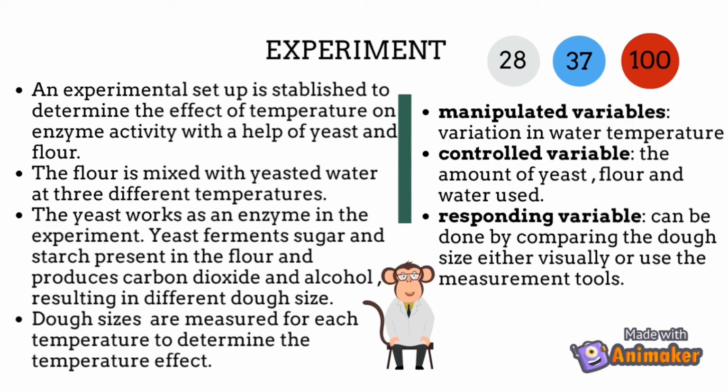The manipulated variable in this experiment is the variation in temperature. The control variables are the amount of water, flour, and yeast used, and the responding variable can be measured by comparing the dough size either visually or by the use of measurement tools.